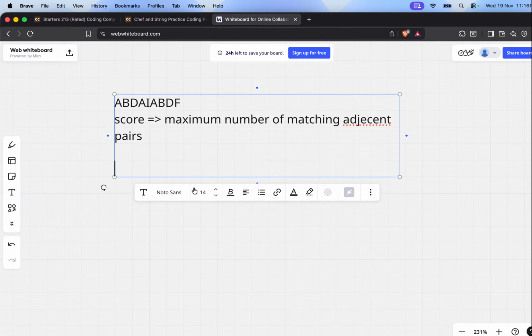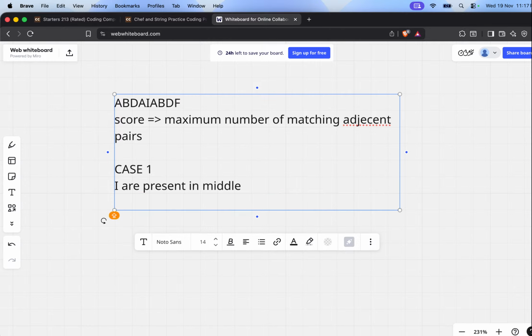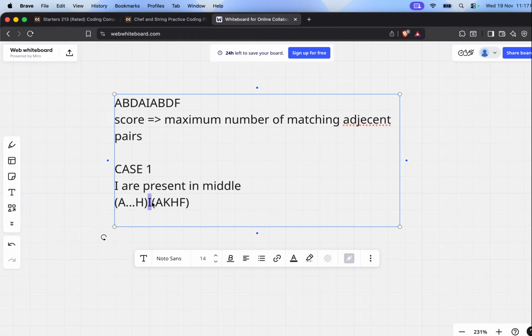Okay, so let's understand the first scenario. Case 1. I is present in the middle. Let's say there is some substring in the upper portion, then I, then some substring in the later portion. So what happens in this scenario?